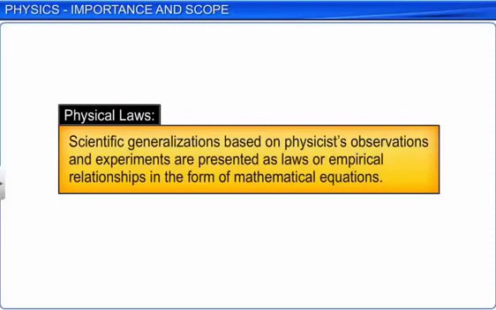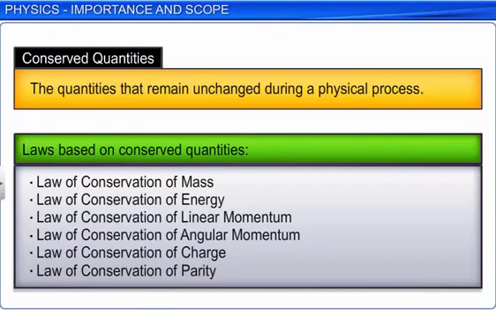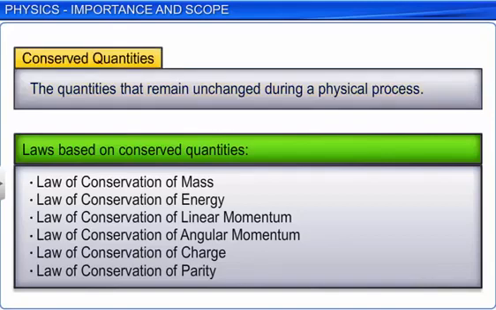Apart from finding the facts through observation and experiments, physicists always try to summarize these facts as laws or empirical relations in form of mathematical equations. These are known as physical laws. Most of these laws are based on some special quantities that remain unchanged in a process, which are known as conserved quantities.